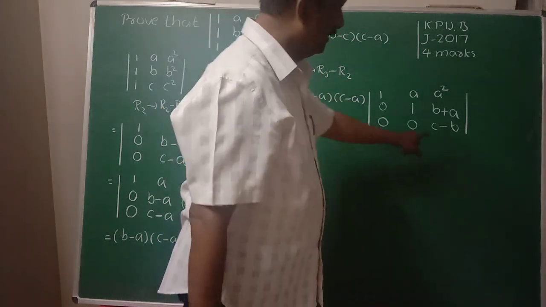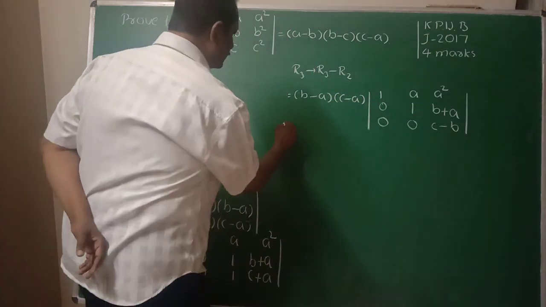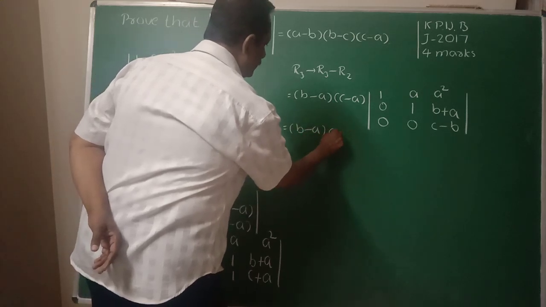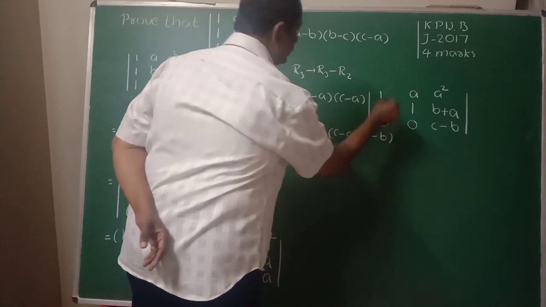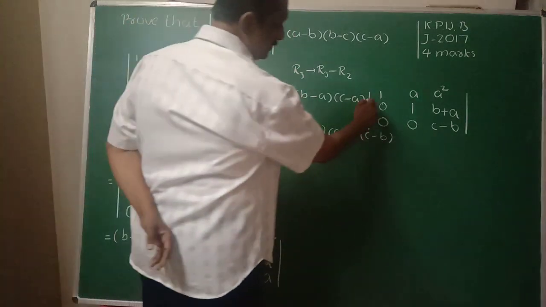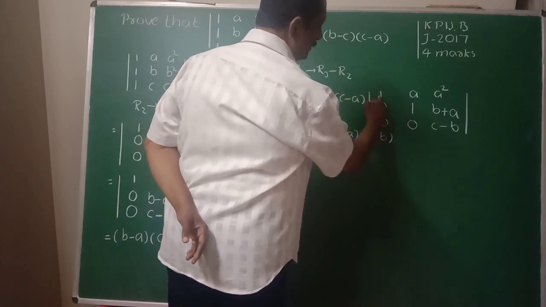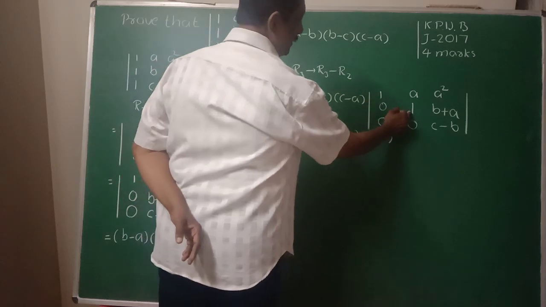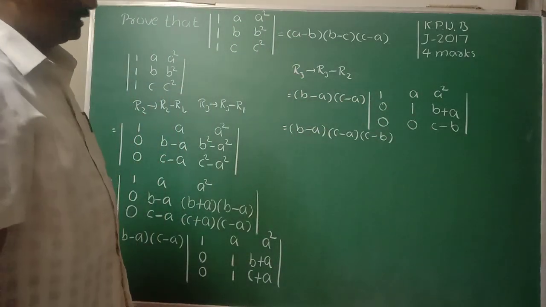Therefore this is equal to b minus a into c minus a into c minus b. Here these are the diagonal elements and all elements on this side are 0. 1 into 1 is 1, 1 into c minus b is c minus b, the value of the determinant.